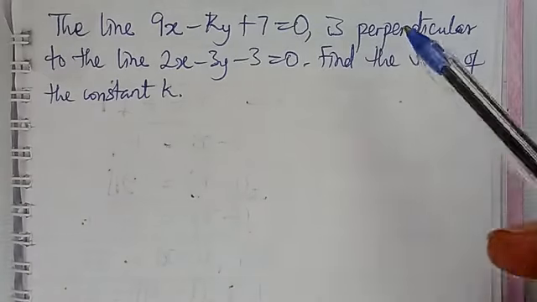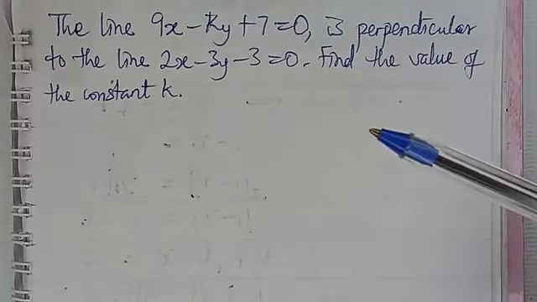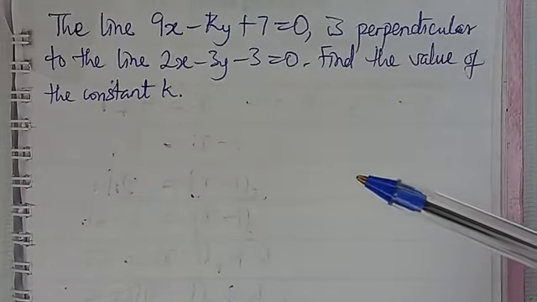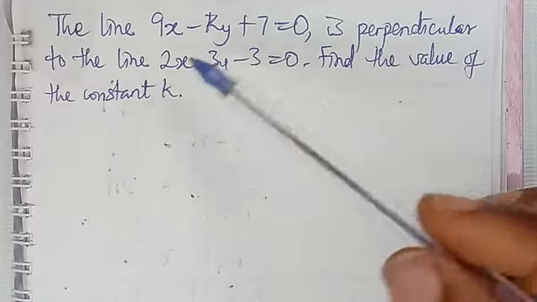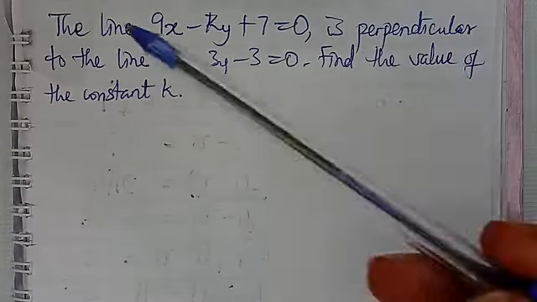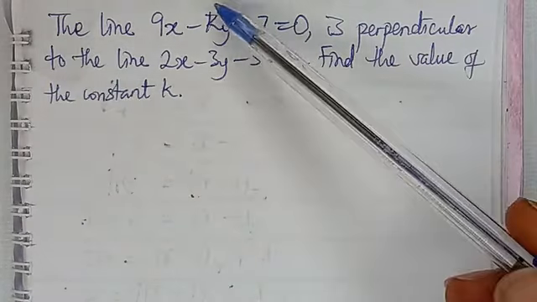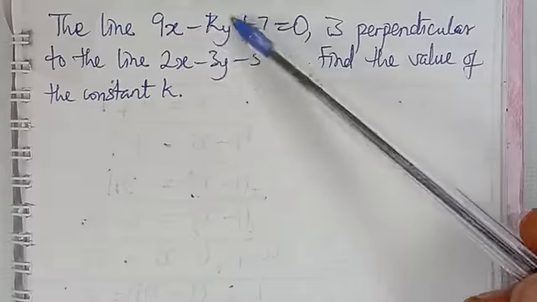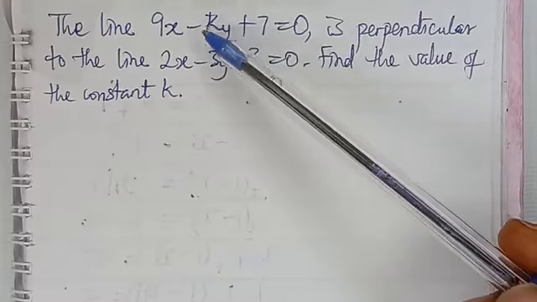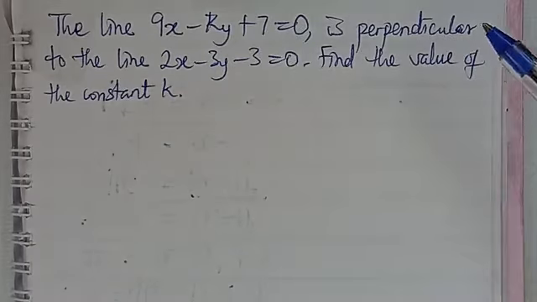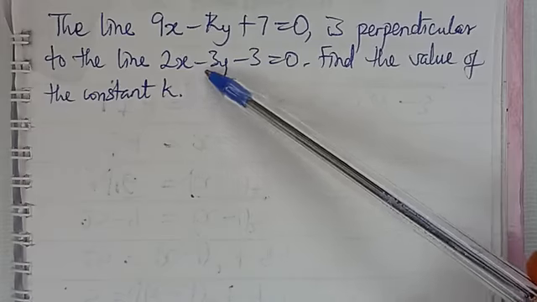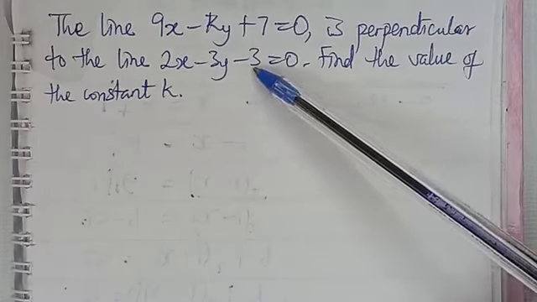Now, since we're already familiar with how to get the equation of a line which is perpendicular to another line passing through a given point, let us do some application questions. So in this, we have a constant, that is a coefficient that is an unknown. The line 9x minus ky plus 7 is equal to 0 is perpendicular to the line 2x minus 3y minus 3 equal to 0.